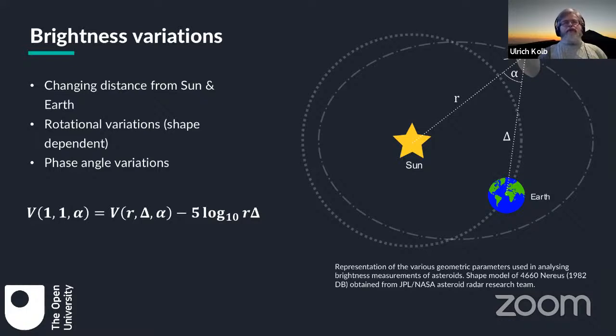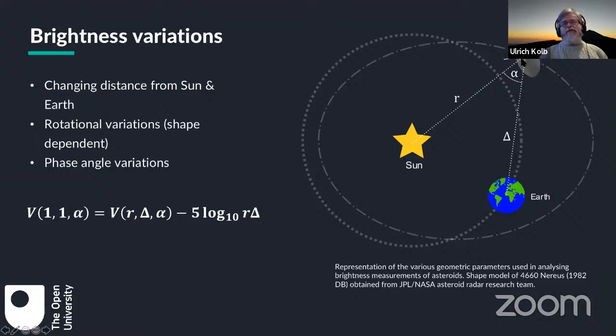So asteroids move around the sun as well as the Earth is moving around the sun. And we have what we call a phase curve variation of the brightness of the asteroid as a result. The asteroid will, as it moves about, have a certain distance r from the sun and a certain distance delta from the Earth.